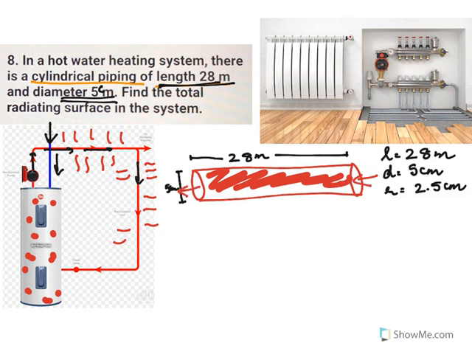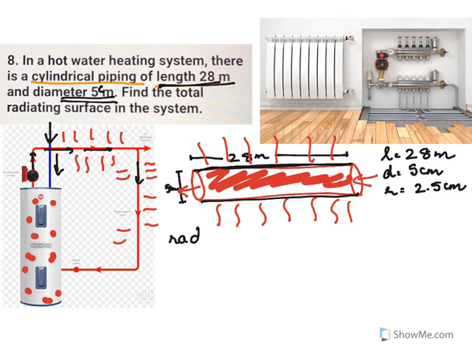So this area here, the CSA, will start radiating heat from the sides of the pipe. So this is the radiating surface. You'll agree the radiating surface is equal to the CSA, and you know the formula for CSA.